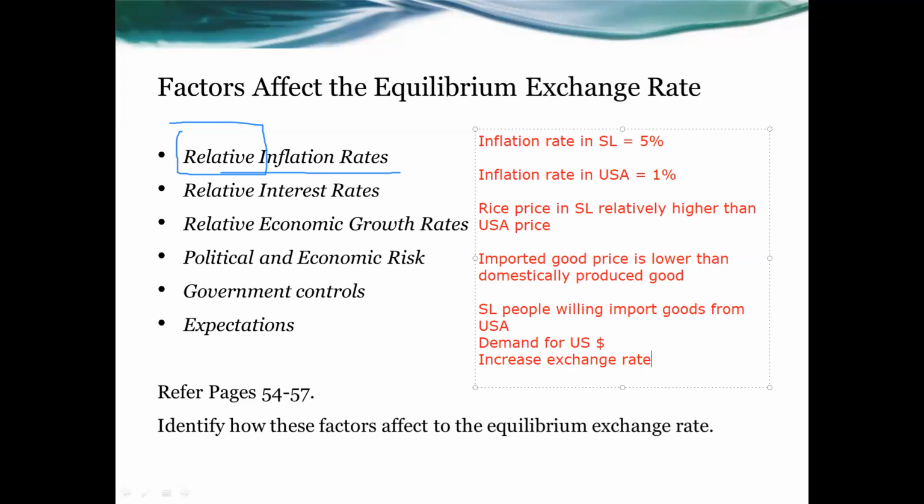As a result, there is a demand for imported goods and services. When there is a demand for imported goods and services, there is a demand for US dollars or foreign currency. When there is a demand for US dollars or foreign currency, the exchange rate increases. Then the equilibrium exchange rate changes.